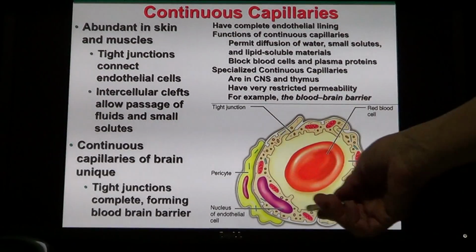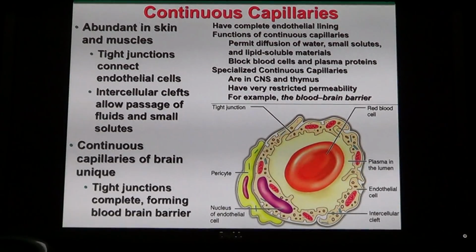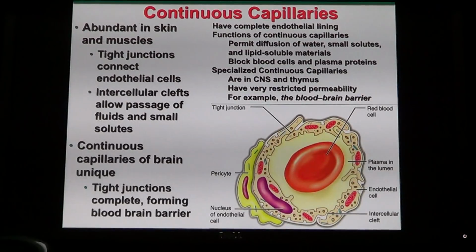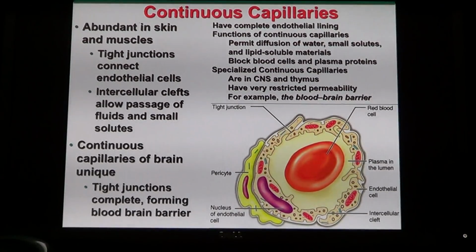In the skin and muscles, where you don't want huge exchange, you need exchange of gases, you need exchange of ions, not something that deals with large molecules, glucose maybe.